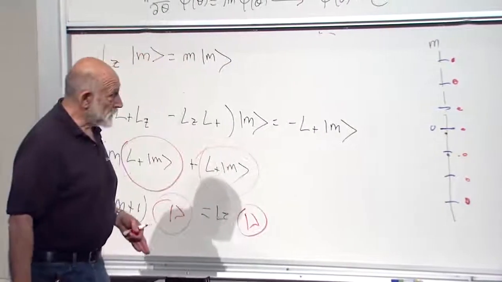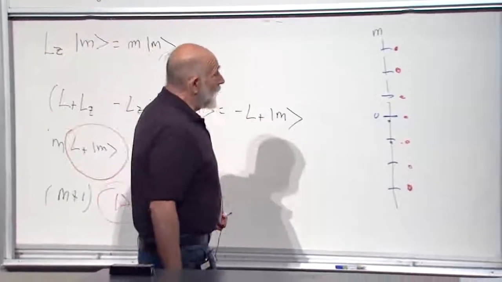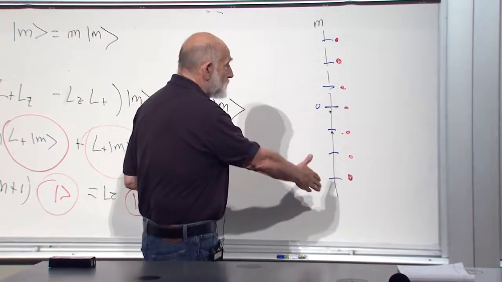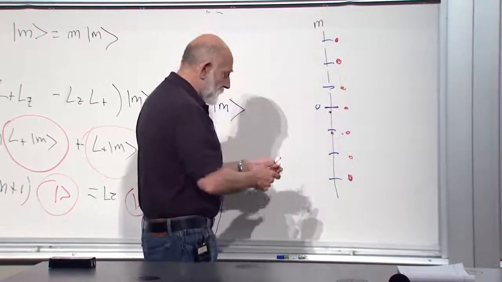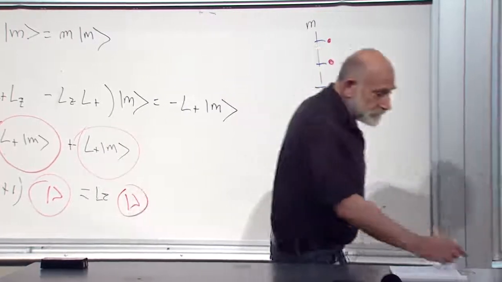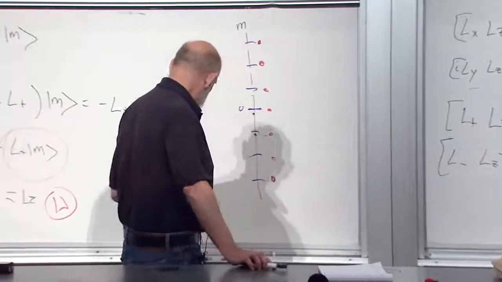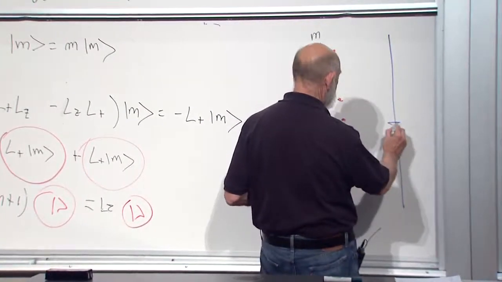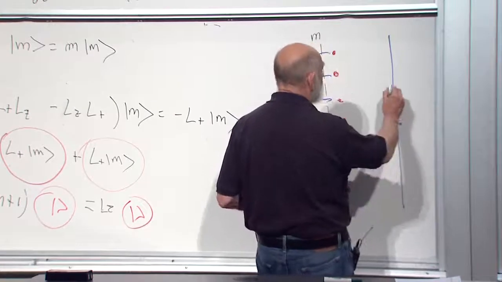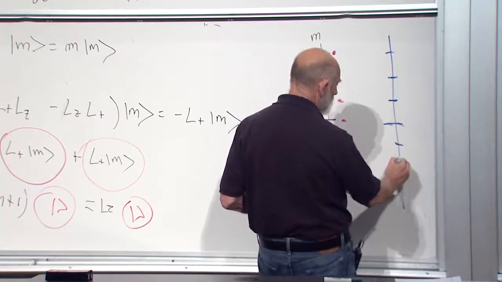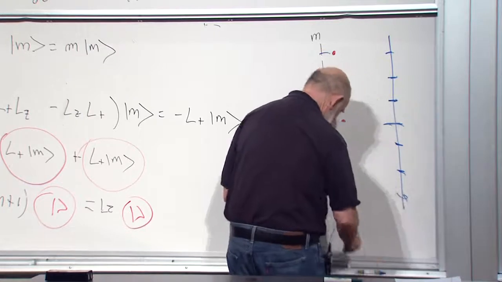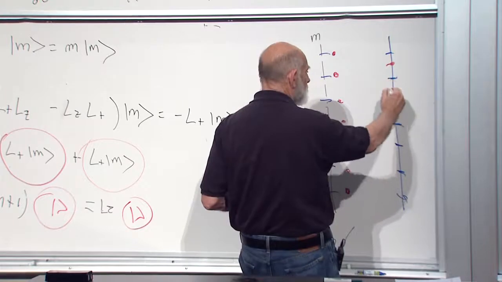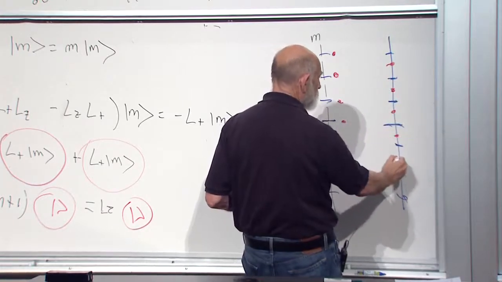If it terminates. There's another possibility, still consistent with a symmetric spectrum and separation by integers, and that's the half integer option. Here's 0 again. Start here. Shift by an integer, shift by an integer, shift by an integer.